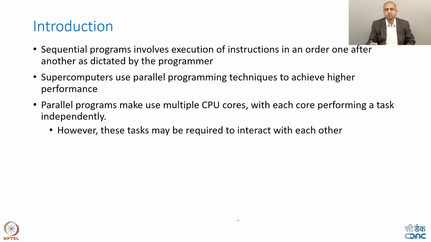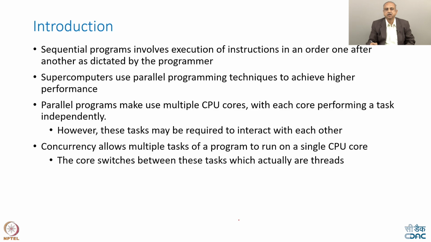These parallel programs are bound to make use of multiple CPU cores, wherein each core is performing a task independently. Though these tasks are performed independently on the CPU cores, at times they need to interact with each other depending upon the algorithm that is being implemented by the programmer.